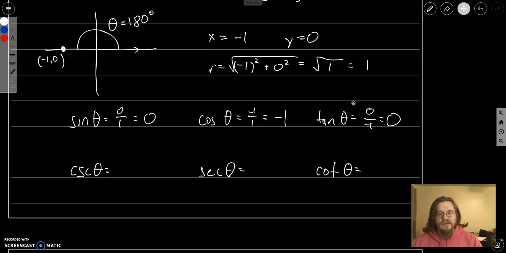And if we start taking some reciprocals, we'll notice something a bit strange. The cosecant of theta is going to be 1 divided by 0, but we can't divide by 0. So what happens? Well, what we do is we say that this is undefined.